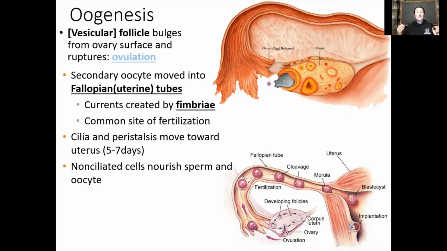Instead, there are cilia lining the uterine tube, and these cilia and peristalsis are going to slowly, over the course of almost a week, move that egg down into the uterus. We can see down here that sperm swim up and into the uterine tube.